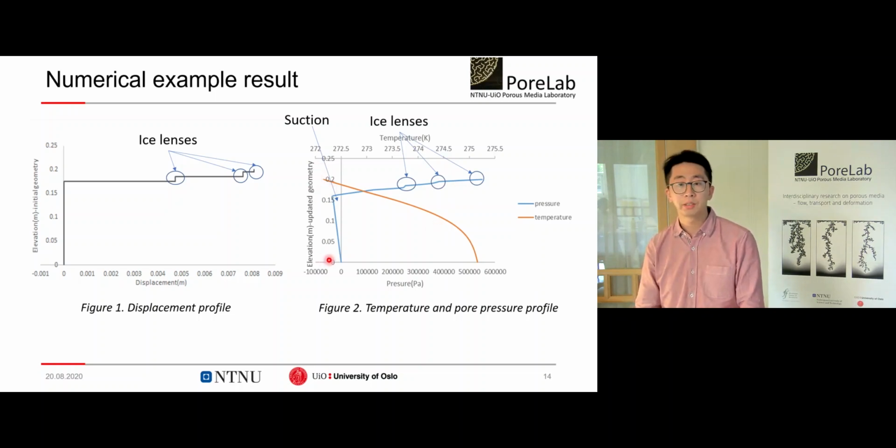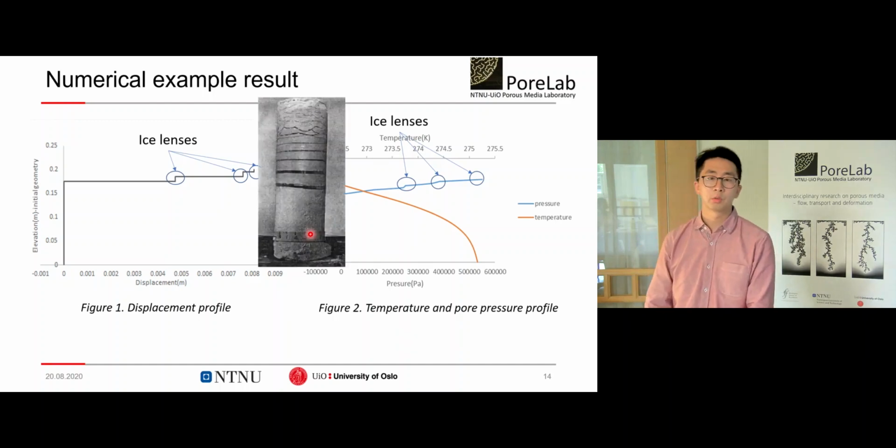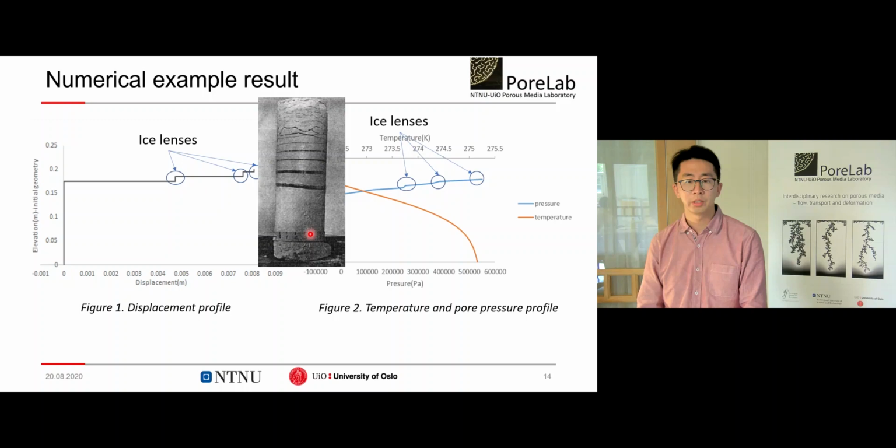And here there's a suction part in this pressure line, and the magnitude of this suction is of the same order as in experiments. And here is a photograph from a table for comparison. We haven't carried out our own tests, but we will do it later to validate our model.